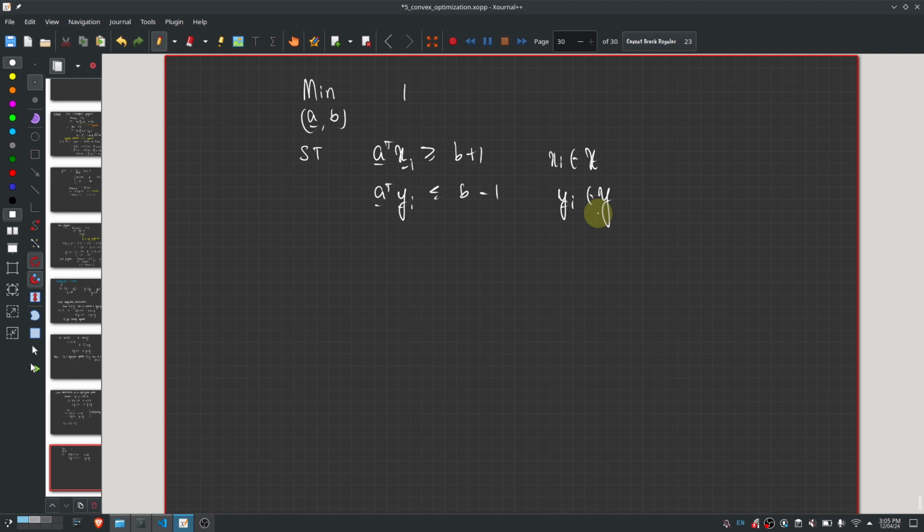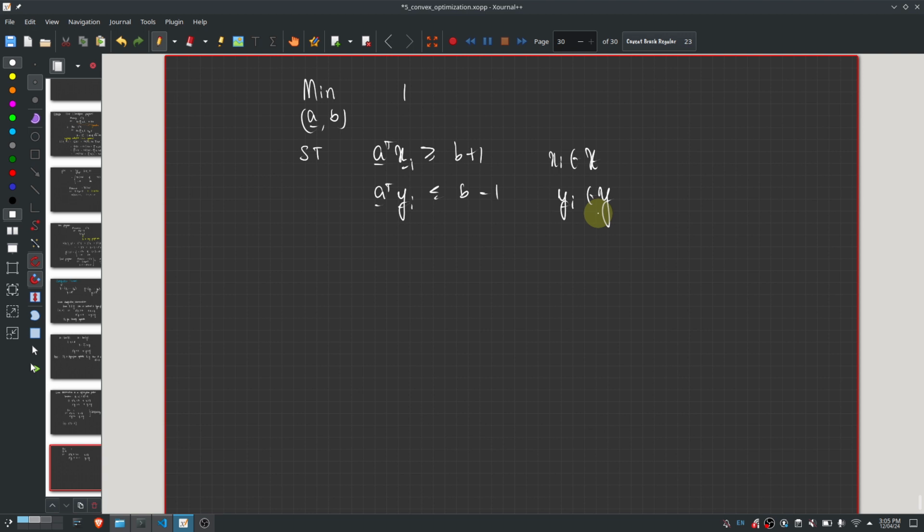Why is this okay? Correct. So it's almost as though I have A transpose Xi greater than B, and A transpose Yi less than B. I could instead put a small delta, right, where I want to demand that delta is strictly greater than 0.